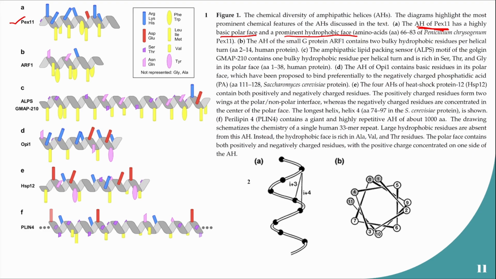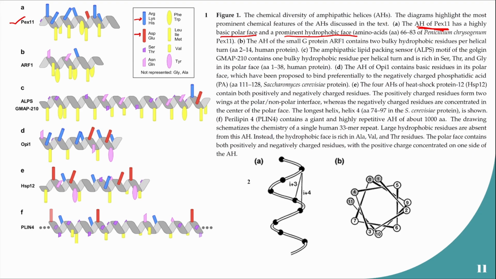You notice that the upper side, where these blue and red cylinders are indicated, those are indicating the amino acids. For example, blues are indicating arginine, lysine, histidine, and the red cylinder is indicating aspartate and glutamate. Of course, these are charged, polar amino acids, right?